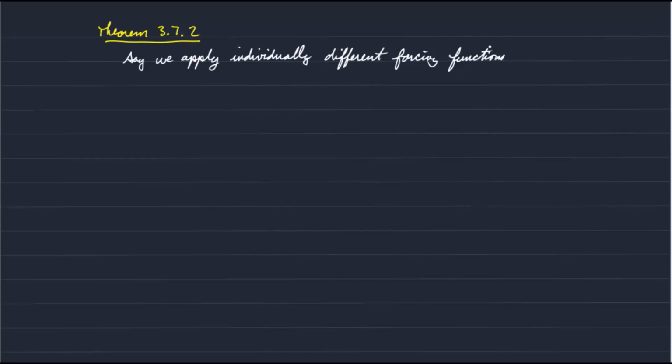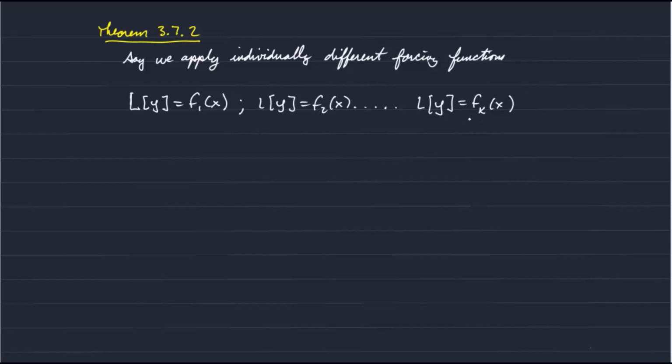So say first we apply to our system forcing function 1, and then we apply forcing function 2, for example, and we would get the solutions, or the responses, after we apply each of these functions.